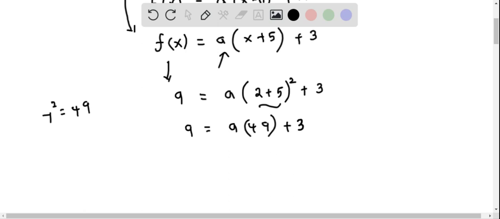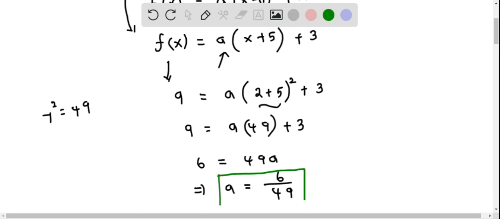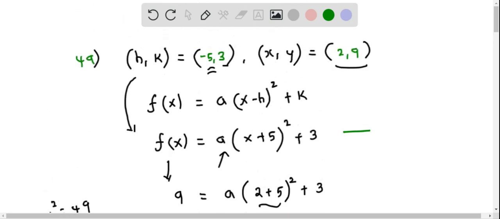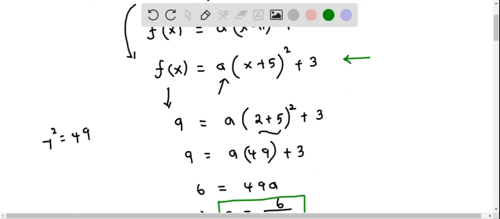Now let's find the value of a. First I subtract 3 from both sides, so I get 6 equals 49a. If we solve for a by dividing both sides by 49, we get 6 by 49. So this is the value of a which we have found, and so we can plug it into the quadratic function which is in vertex form.